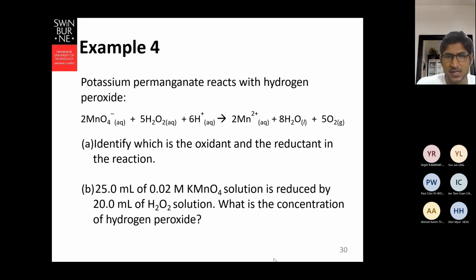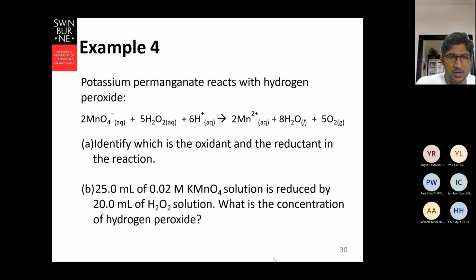Bleaching. It is also used as a bleaching agent, a very strong bleaching agent actually, and an oxidizer. So for this purpose, manganese oxide is used with hydrogen peroxide and produces manganese and water.